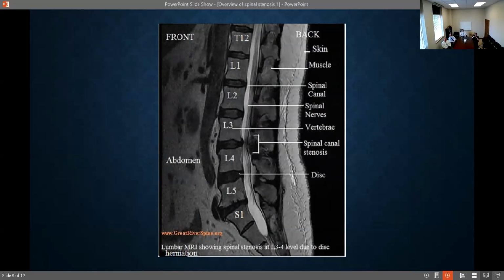That's because of the thickening of the ligamentum flavum, and where that thing says, a bracket that says spinal stenosis, that's a hugely thick ligamentum flavum there that's impinging on the central canal. This may not be symptomatic, but it is a good depiction of what you'll see. Next, please.